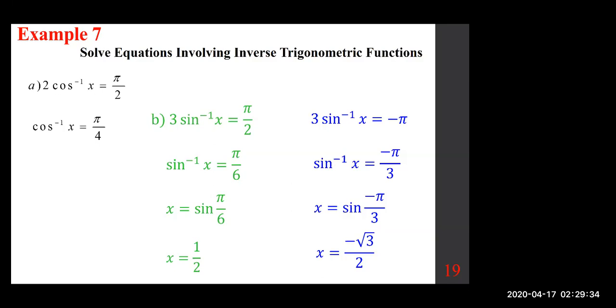Now by definition, x is cosine of pi over 4, and we know it's square root of 2 over 2. All right. Is everybody okay with that? Are there any questions?